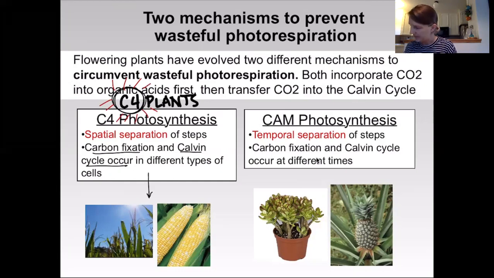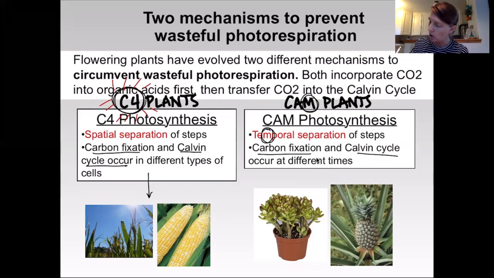The other kind of plants are called CAM plants, right? And they go through what's called CAM photosynthesis. And the way I remember that is CAM has an M and so does temporal. And what temporal means is that there is a timing separation between the carbon fixation and the Calvin cycle.